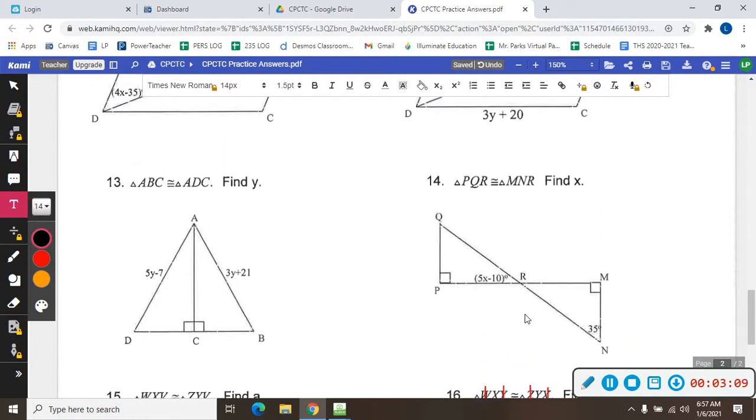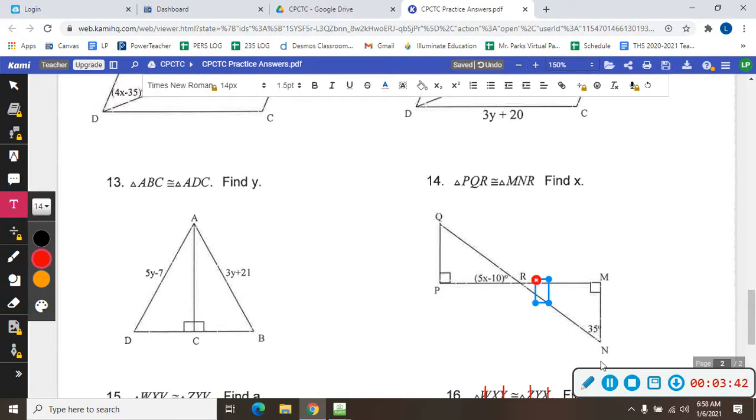Let's go ahead and do number 14. 14 says that PQR is congruent to MNR. Okay, so I need to find some sort of equation with the angles. First thing I'm going to do is recognize that 35 plus 90 is 125, and that 3 angles in a triangle add to 180.